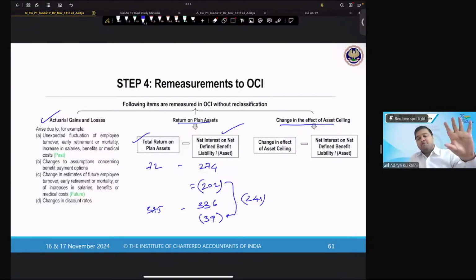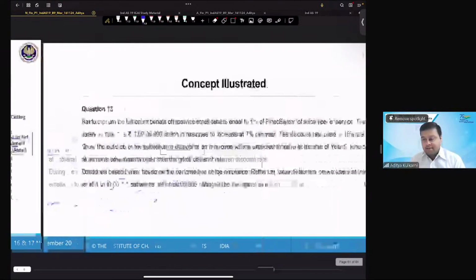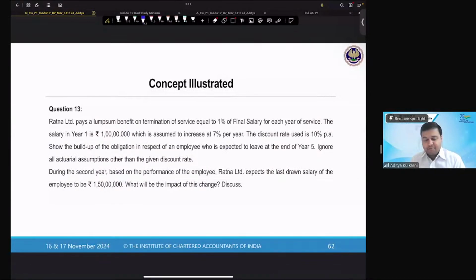There is a gap of 50. Where will that 50 go? That will go into your other comprehensive income, after obviously adjusting for net interest. So whatever the balance is, that also goes in your other comprehensive income. Are we okay with this? Yes, sir.